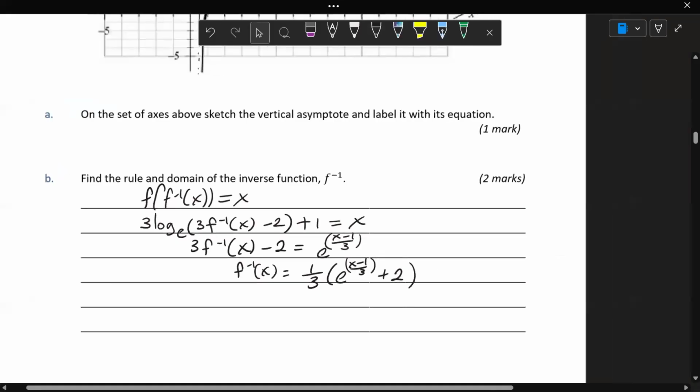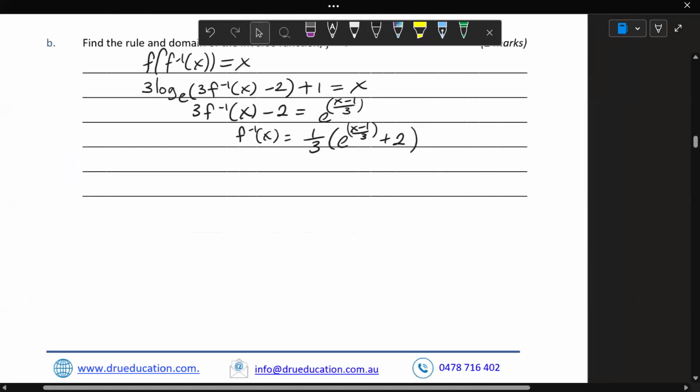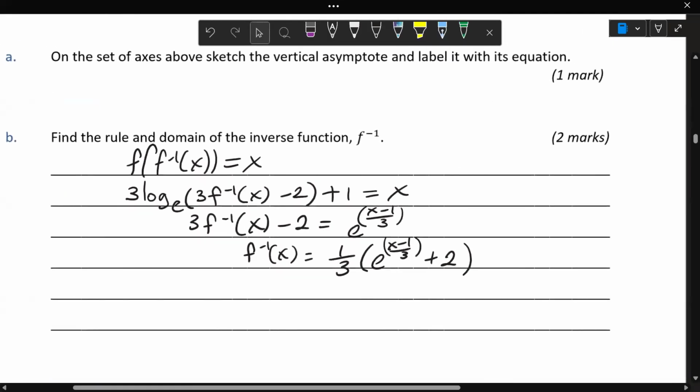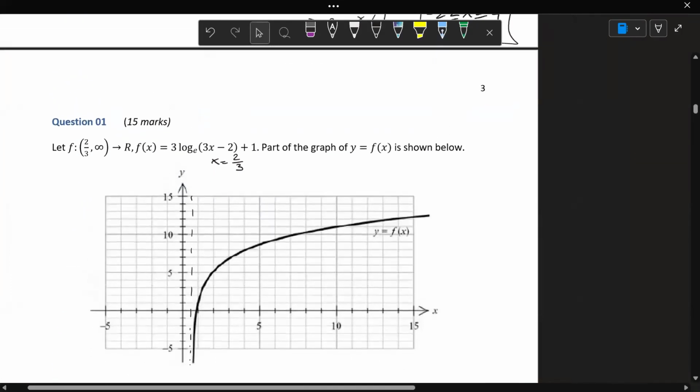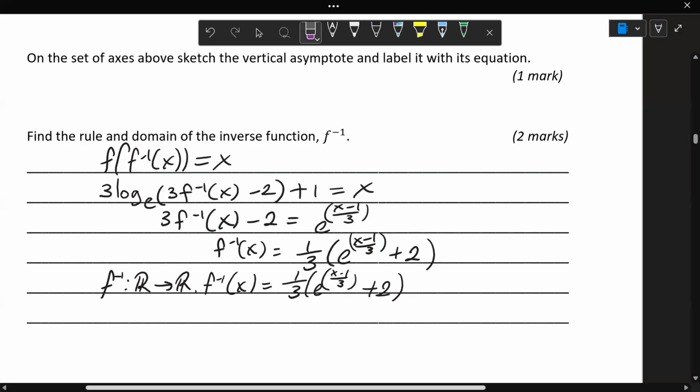And you need to find the domain of the inverse function. The range of f of x is all real numbers, so the domain of the inverse function is all real numbers as well.